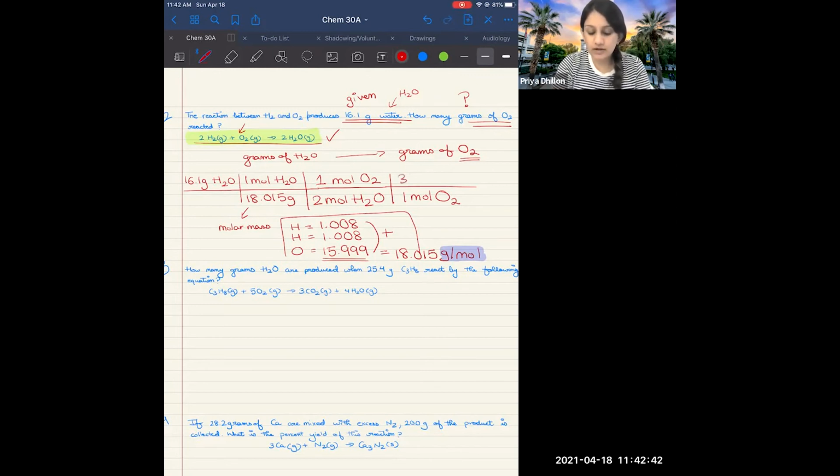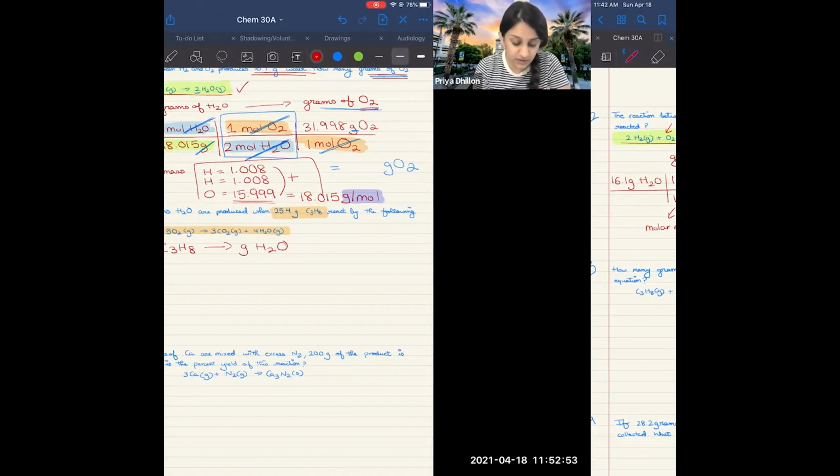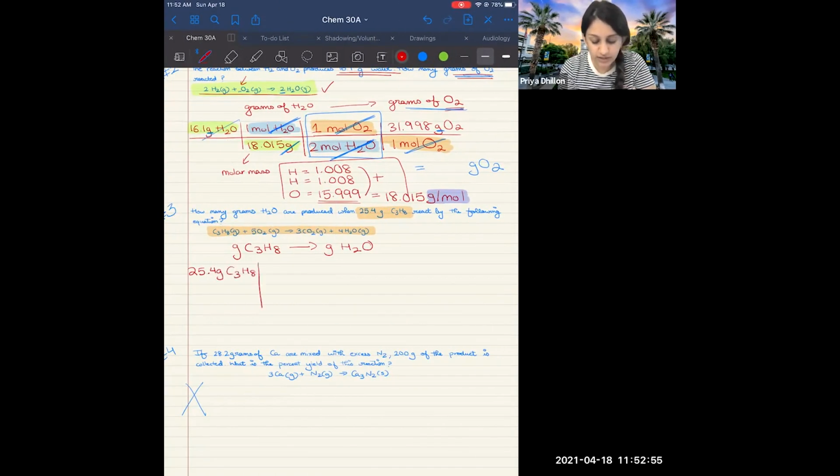Yes, it will be 31.998 grams. Now you want to get rid of the grams of C3H8. So the molar mass for C3H8 is 44.11 grams.